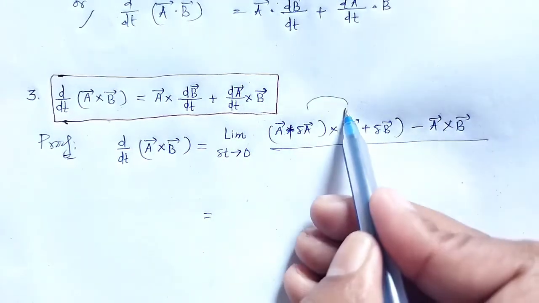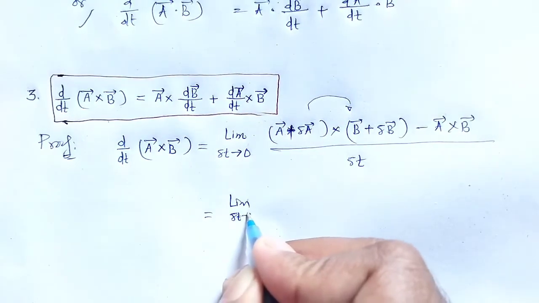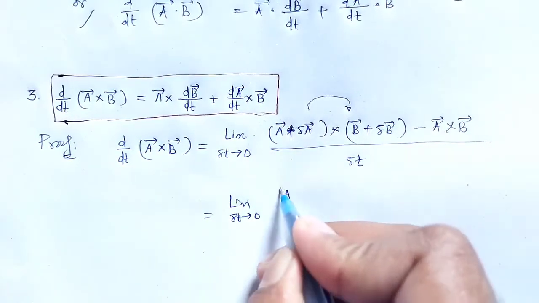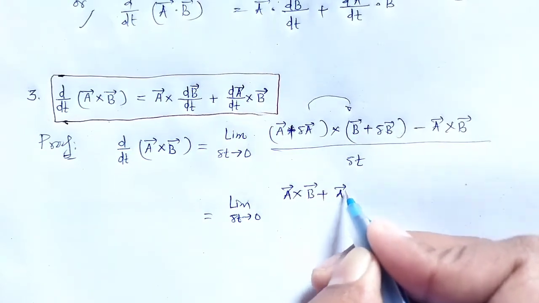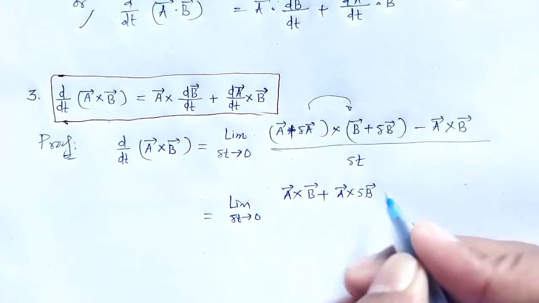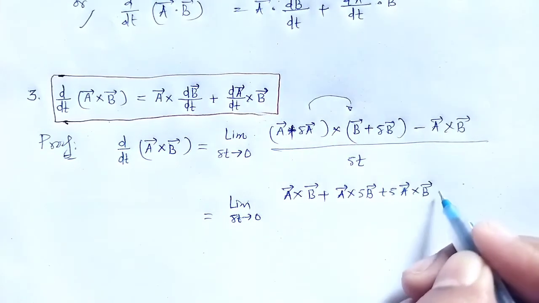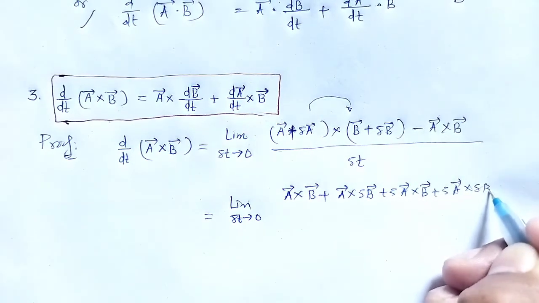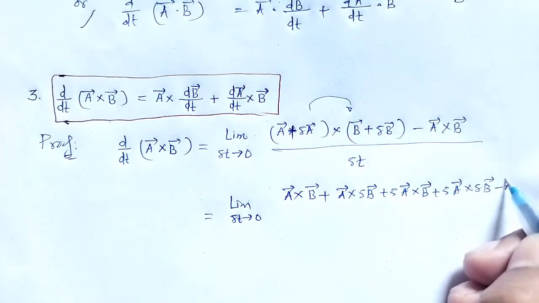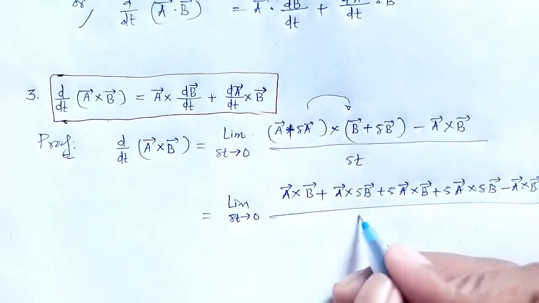Cross product these two, we get the limit as Δt tends to 0 of [a × b + a × Δb + Δa × b + Δa × Δb − a × b] divided by Δt.